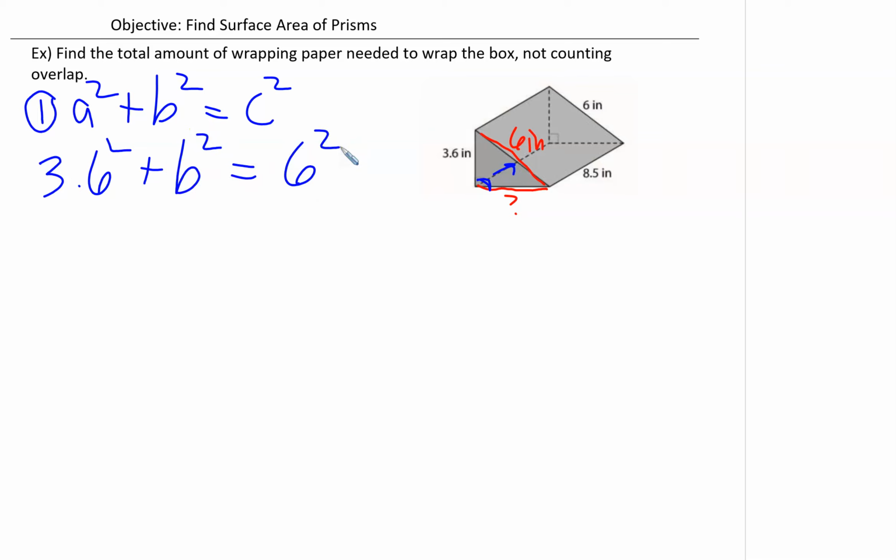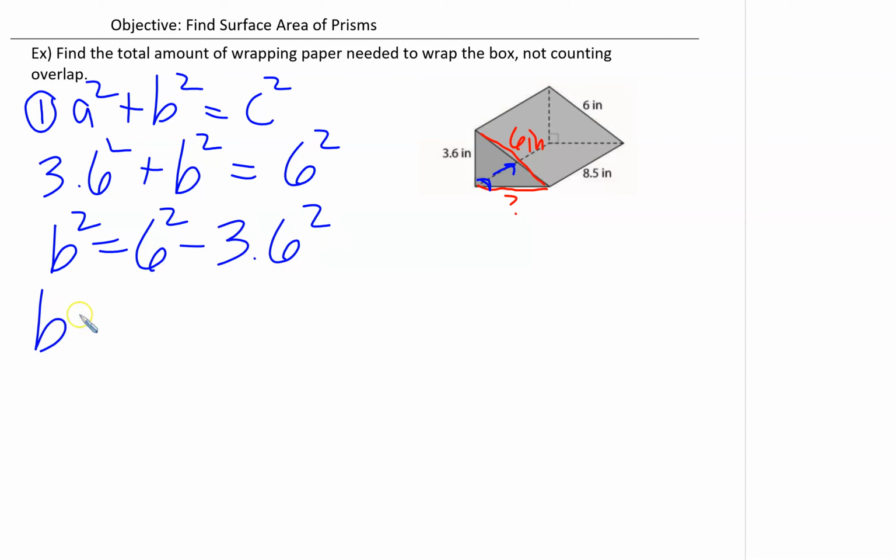And now I would personally just use my algebra here and then use my calculator at the end. So I would subtract the 3.6 squared, and then I would take the square root. It's going to be the principal square root because I need a side of a triangle to be positive, so no plus minus in this case.